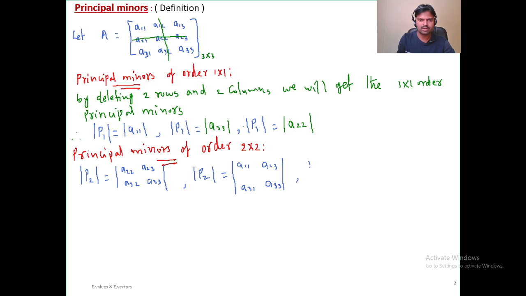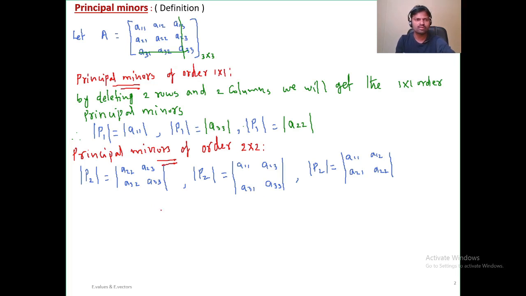Next, any other possibility? Delete the third row and third column. Then this is a 2 by 2 matrix, a second order principal minor: A11, A12, A21, A22. That's it. Only 3 principal minors of order 2 by 2.